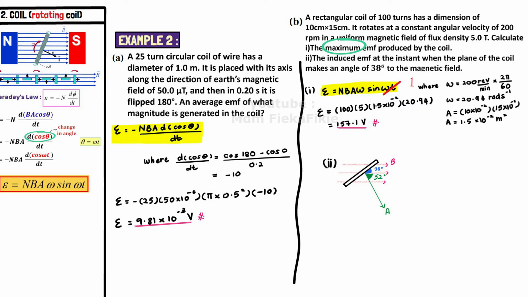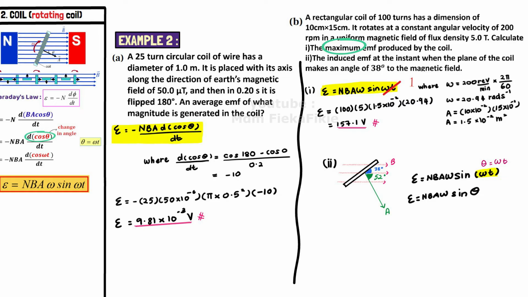So sekarang bila kita dah dapat nilai angle yang betul, barulah kita boleh jawab soalan ini by using this equation of induced EMF equal to NBA omega sin omega t. Jangan lupa ya, omega t is equal to theta.